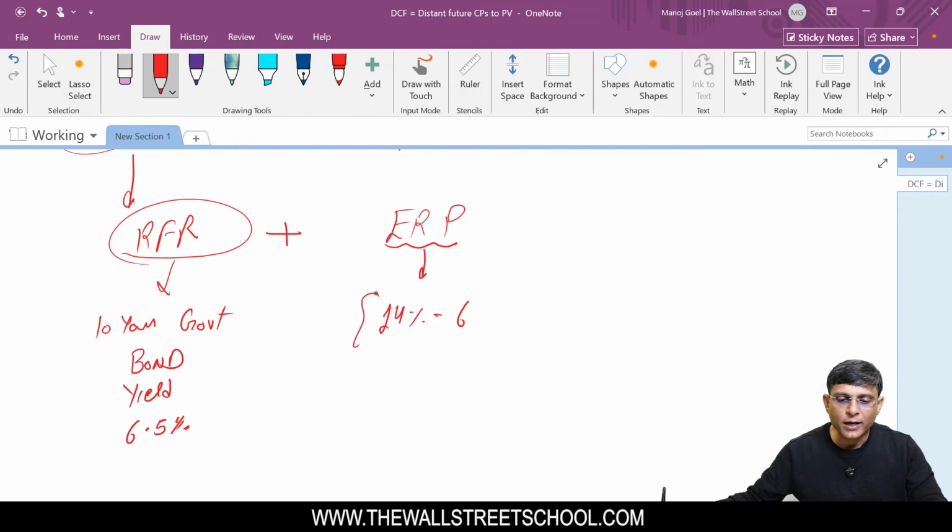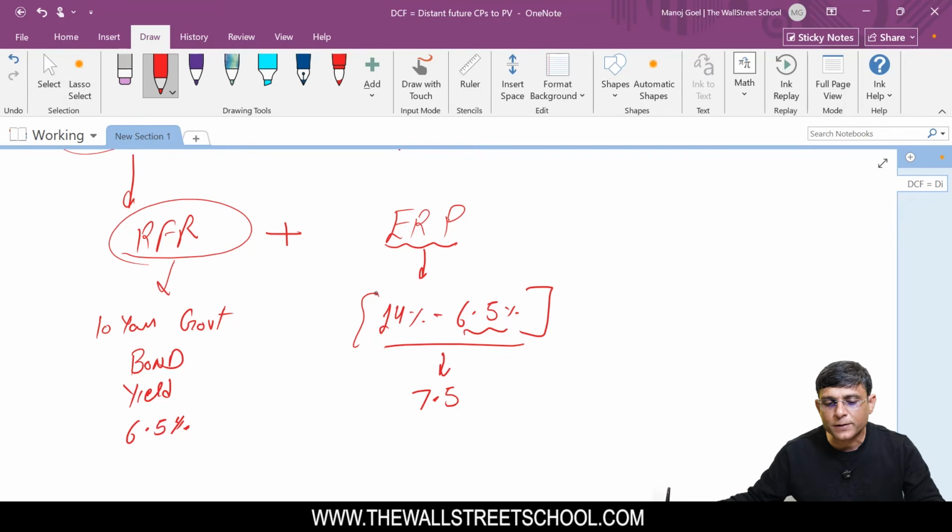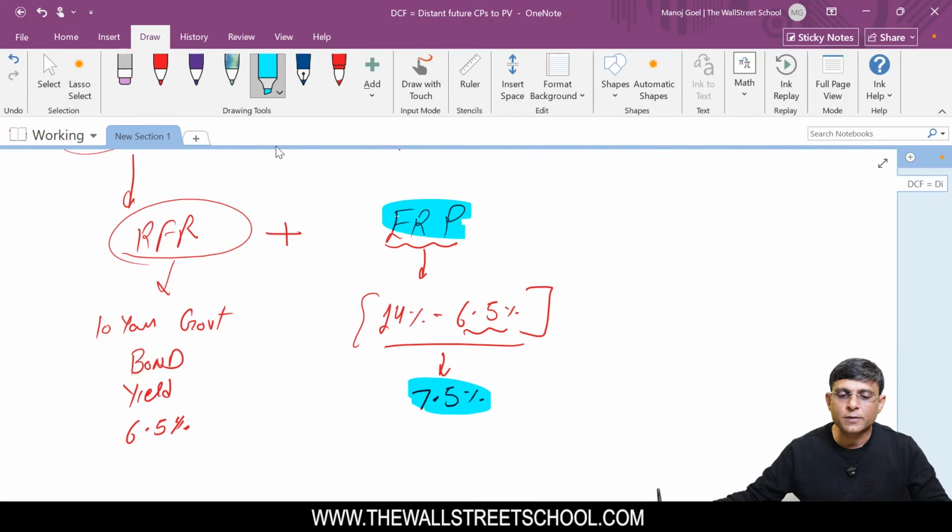Out of this 14%, 6.5 I could earn without taking risk, because that's risk-free. So the additional premium the market has earned for you is 7.5%. This additional premium is called the equity risk premium.